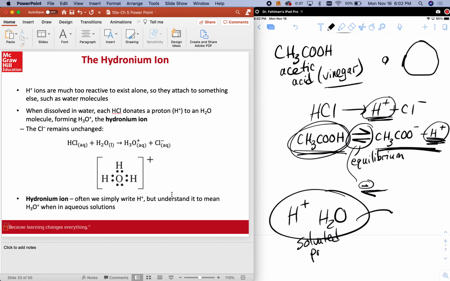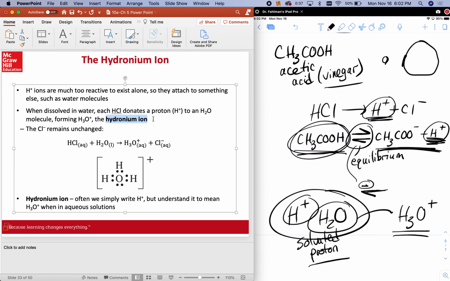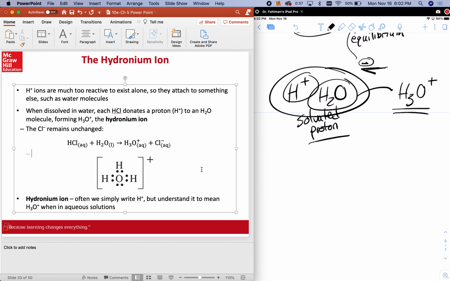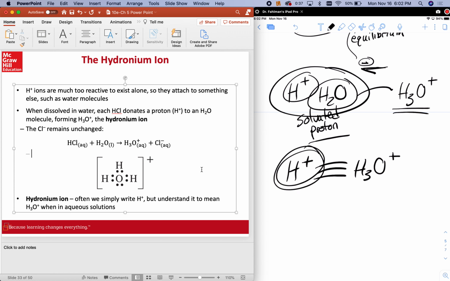It's just water with another proton. This is a special name for this ion: the hydronium ion is H3O plus. But H plus is really the same thing as H3O plus, so you could use any reaction just with H plus. We use them synonymously.